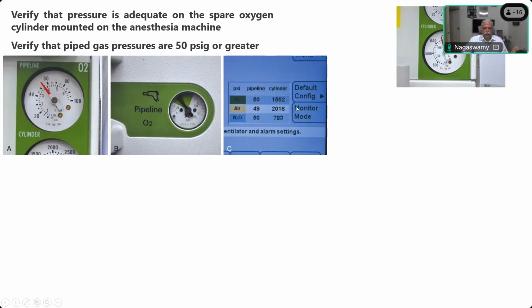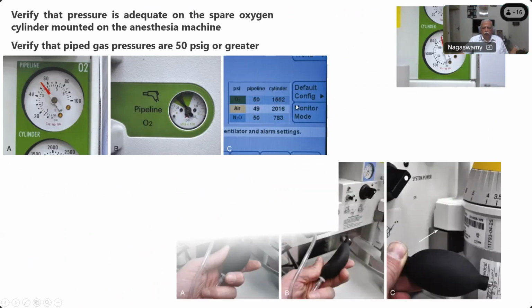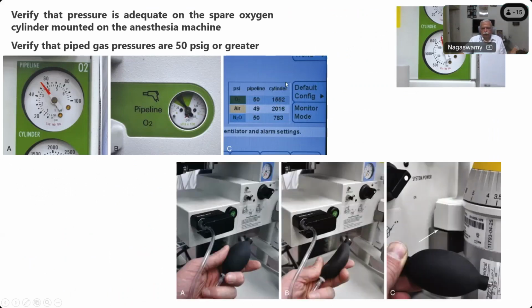And this displays the gases that are being delivered, their pipeline pressure and the cylinder capacity, everything is given here.